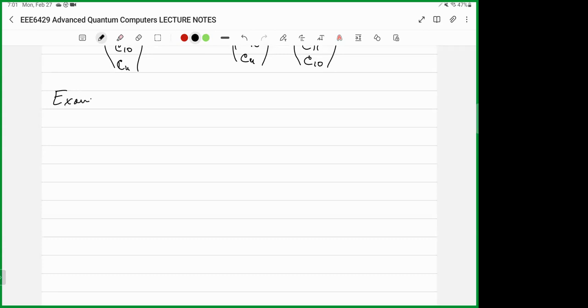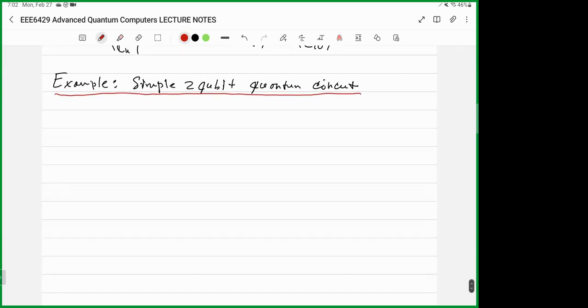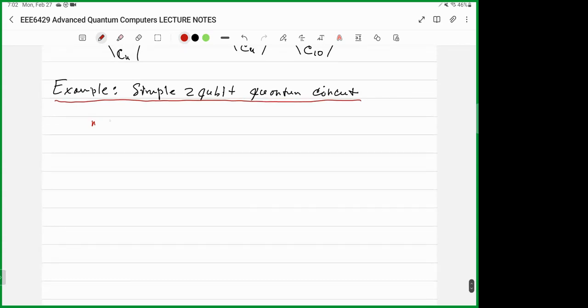So this is a simple 2-qubit quantum circuit, but at the same time, it is very important, and it actually gets this name of golden 2-qubit circuit.